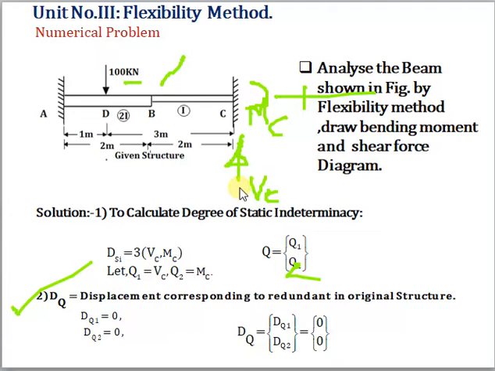No. If there were a spring attached at C, or any sinking of a support, then we would have to consider it, but such a case is not there. So dQ1 is equal to 0. Now, is there any external moment shown in the original structure at the location of Mc? No. Therefore dQ2 is equal to 0. So we have dQ equal to 0 and 0.